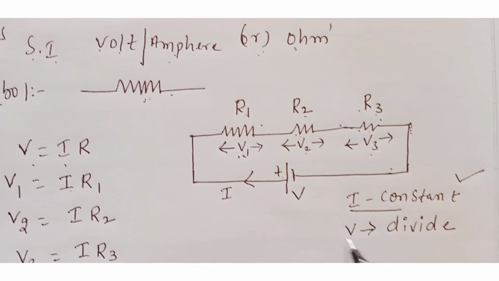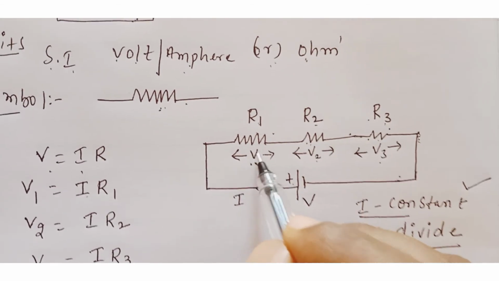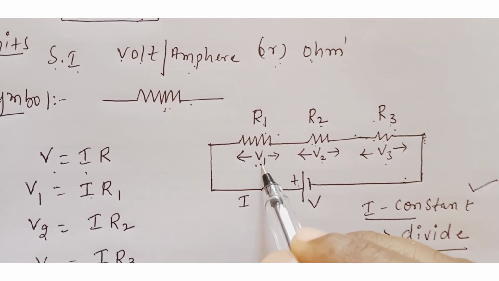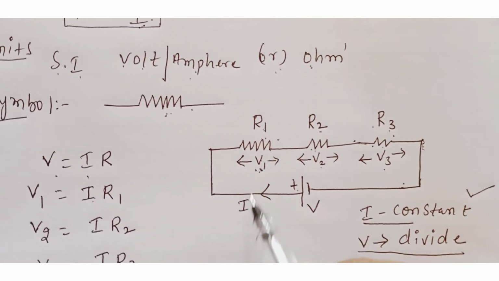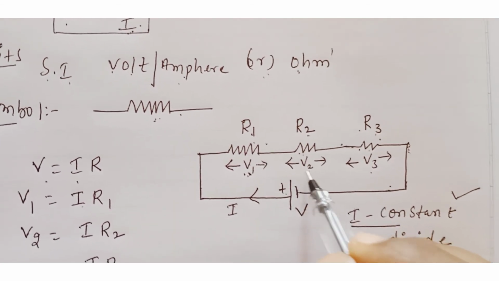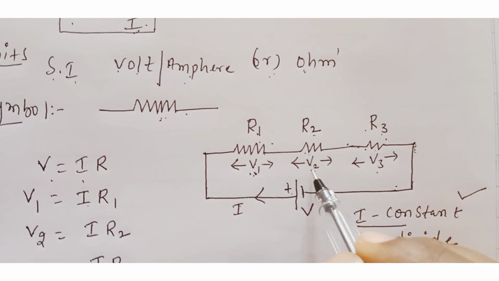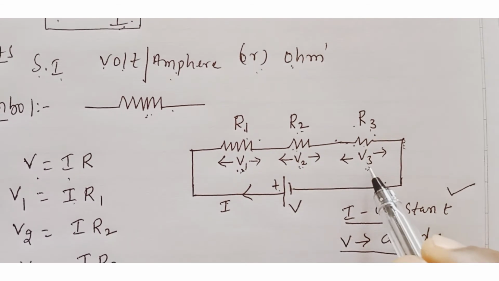The potential difference across the first resistor is V1 equal to IR1, across the second resistor V2 equal to IR2, and across the third resistor V3 equal to IR3.